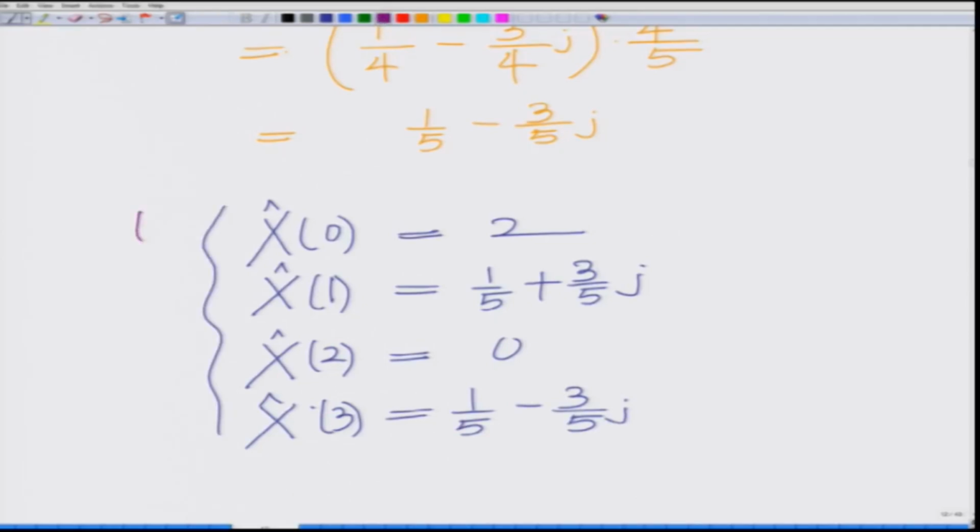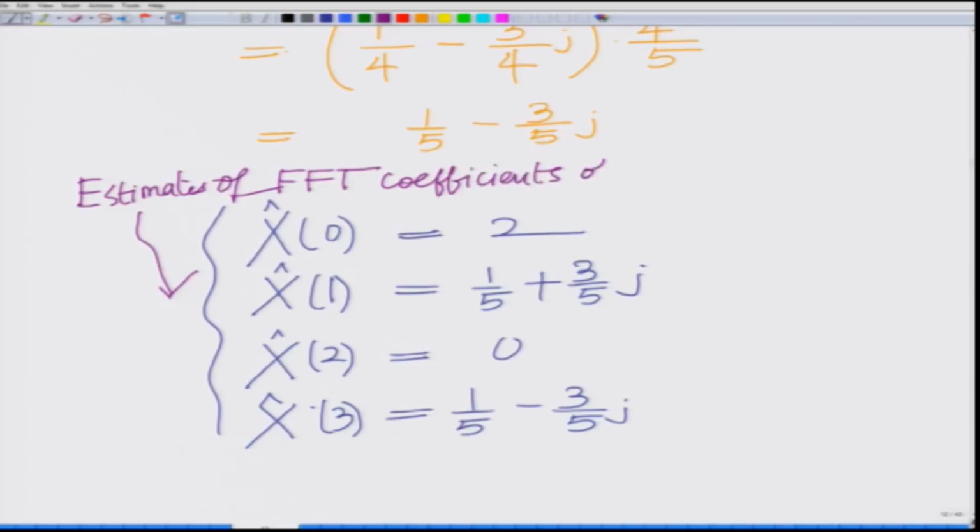These are the estimates of the FFT coefficients of the transmitted symbols.